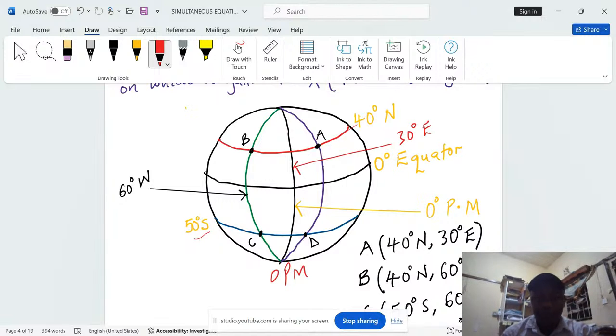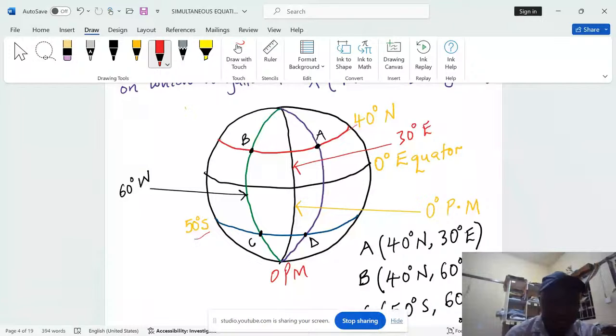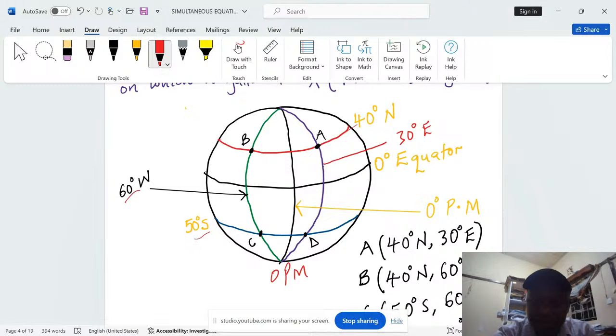And now we can talk about some longitudes, like 60 degrees to the west, and another longitude, 30 degrees in the east. Those are some lines already which are intersecting.